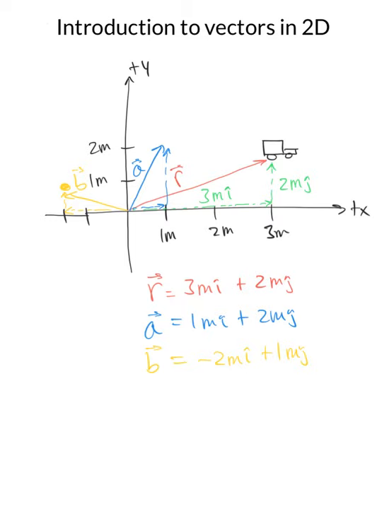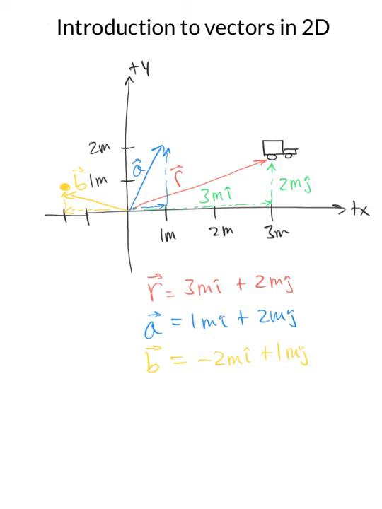My green components here, if I follow them, I go 3 meters to the right and 2 meters up, I end up at my final destination. So this will be our most common way of writing vectors in 2 dimensions in terms of their x and y components, their i hat and j hat components.